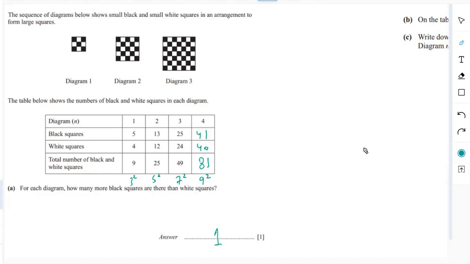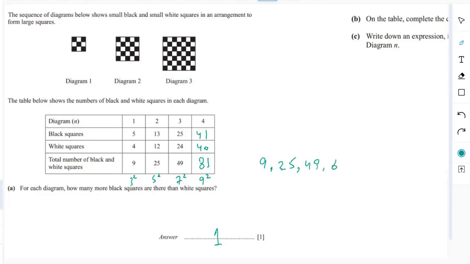So let me do that here. पैटर्न लिख देते हैं 9, 25, 49 and 81 and so on, ठीक है? That's this last sequence. इसकी आपको nth term लिखनी है, ठीक है?